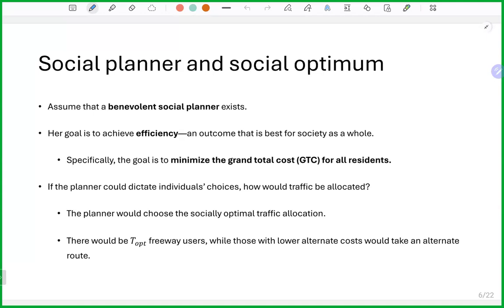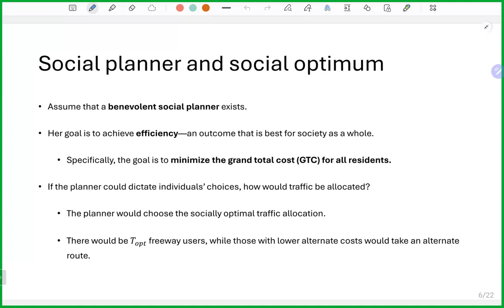So, for example, we will discover that if this optimal policy is carried out, some people will not like this policy, and some people will favor it. In other words, there are people who benefit from this policy, and people who lose from it. But in this simple initial situation, we care about the total cost and the total welfare.